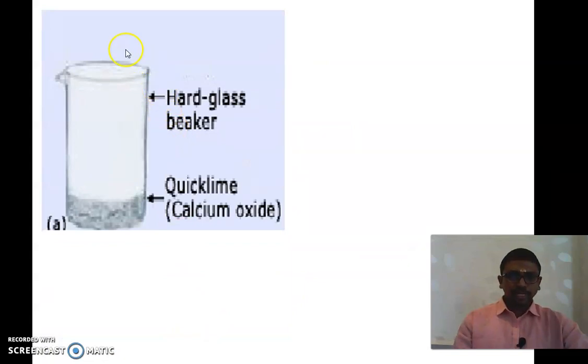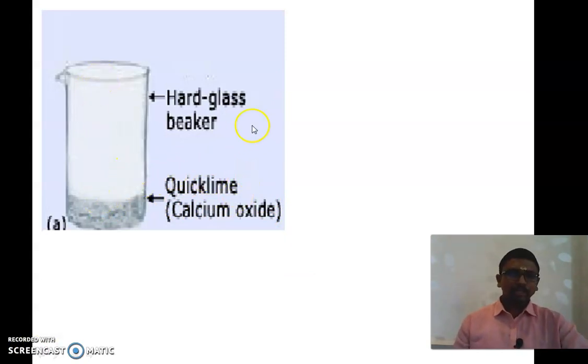So first you have to take a beaker. So in that beaker we have to add calcium oxide. So what is the formula for calcium oxide, children? CaO. Its commercial name is quicklime.